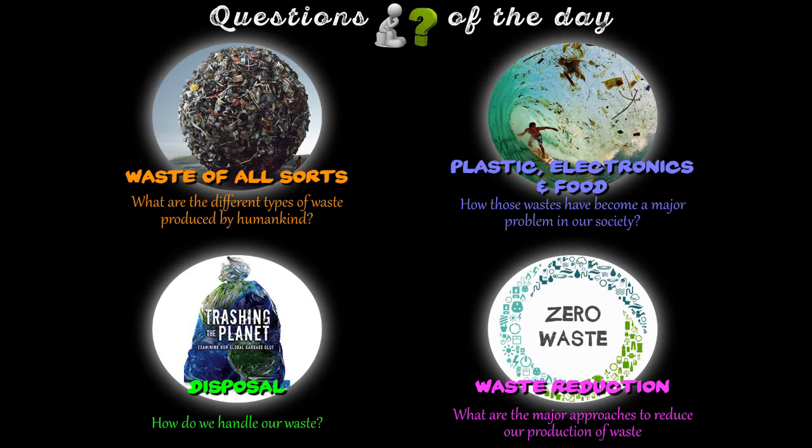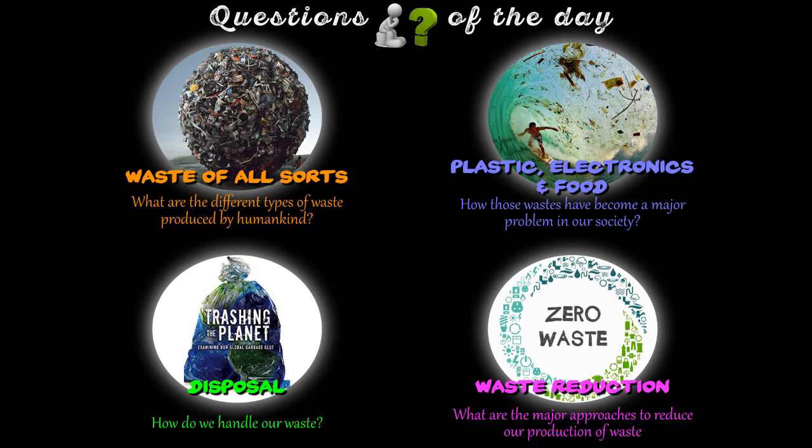On the third point, we'll talk about disposal, almost approaching some solutions on how we're dealing with our waste. And the fourth point will be more an opening on waste reduction: instead of just disposing of our waste, how could we reduce the production of waste our society is greatly making?